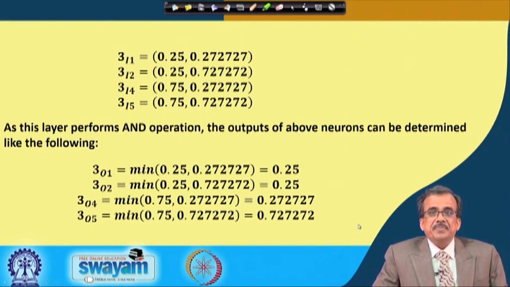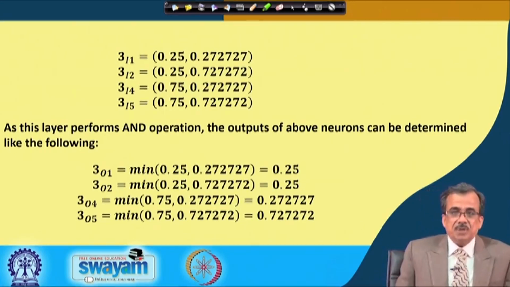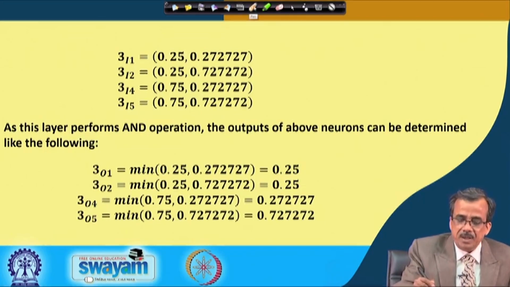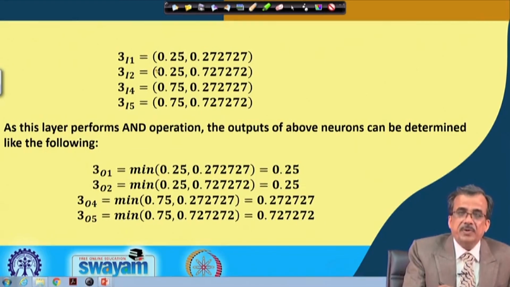Now, if you see the inputs of the third layer, that is nothing but the 2 mu values corresponding to each fired rule.